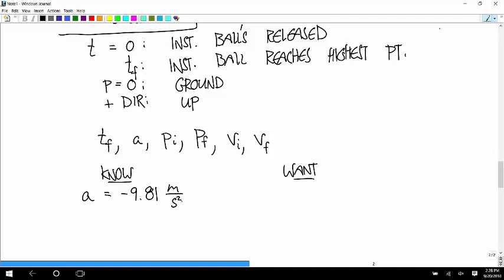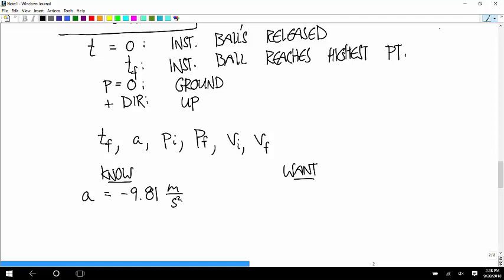And let me help you sort of make sense out of that, okay? So if you throw an object up into the air, like in this problem, on its way up, what direction is its velocity? Up, right? And if you call that positive, it's positive. But its velocity is up. Is it speeding up or slowing down? Slowing down, right? It's eventually going to come to a stop and come back down.